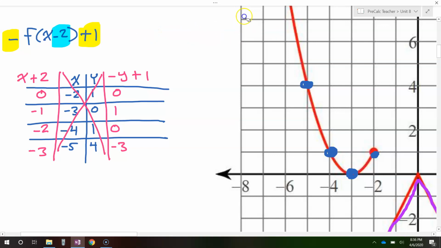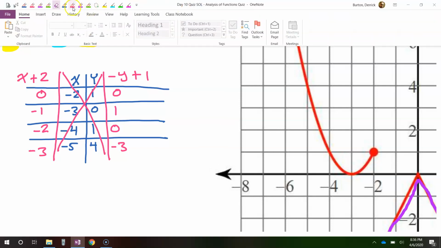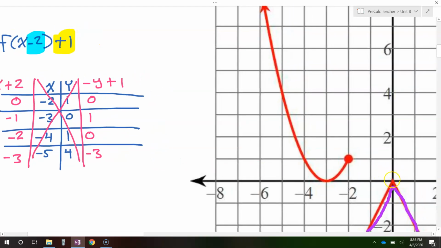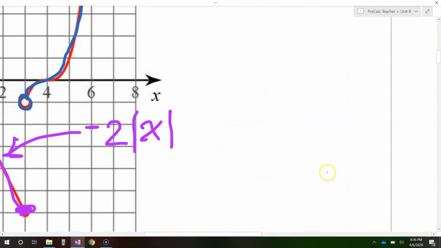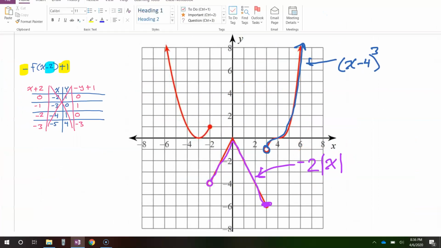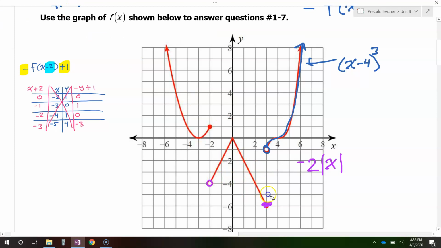So let me just clean this up a little. All right, so remember we started from this point right here. That point is going to become 0, comma 0. So you know what? Let me erase all of this real quick. Just clean up the graph.